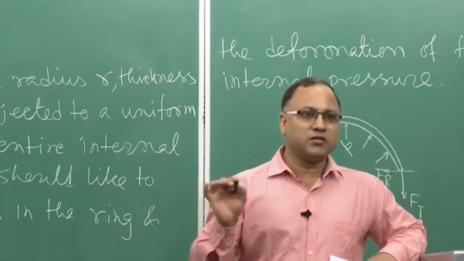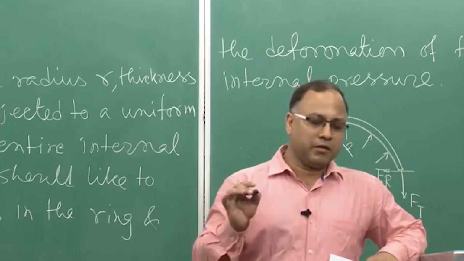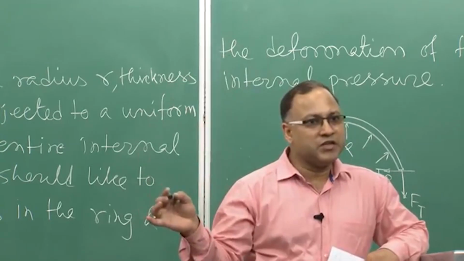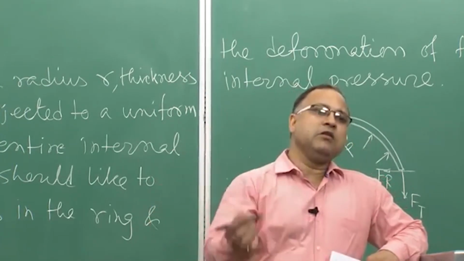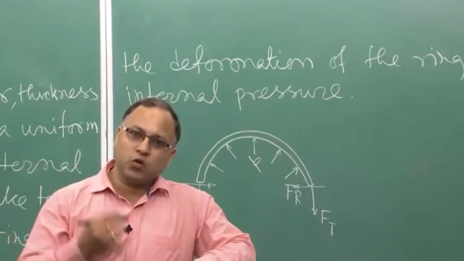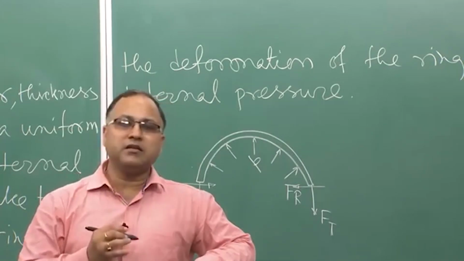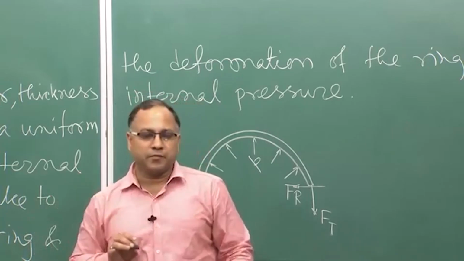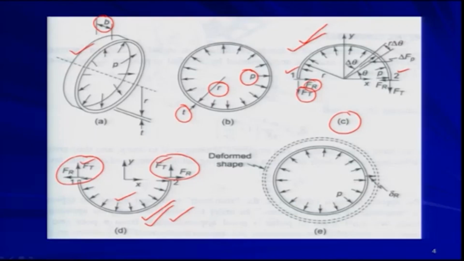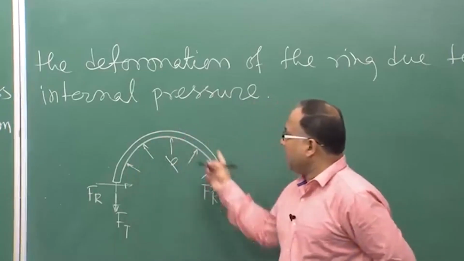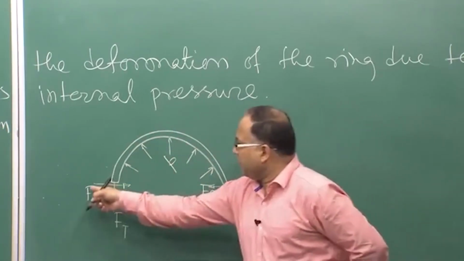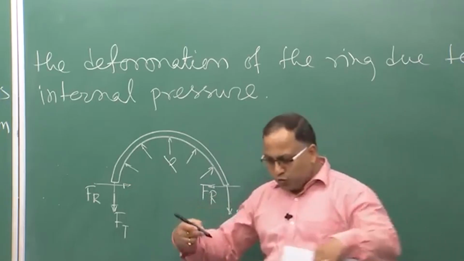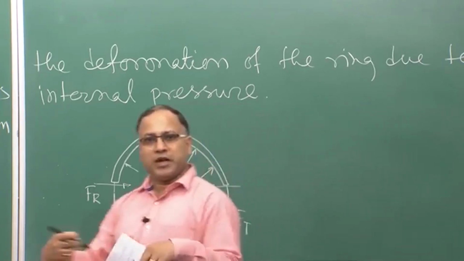So, both in the upper half and lower half, the nature of Ft is tension. That is not making any contradiction, right. In the upper half it was tension, and you have taken the equal and opposite sign in the lower half, that is also giving tension. So, Ft is fine. Now, if you look at Fr in the upper half, Fr is acting inside the hoop, right.